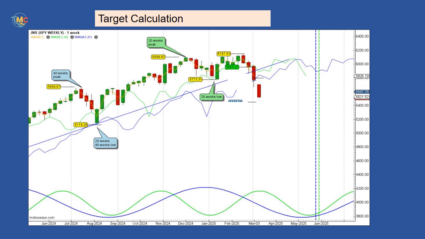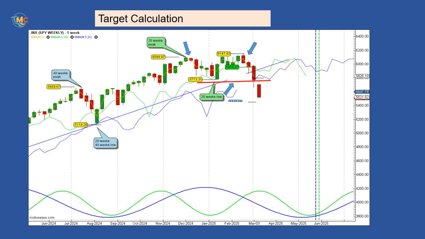In the example chart, the first high price is 6,099.97, the support line is at 5,773.31, and the second high price is 6,147.43. The average of the highs is 6,099.97 plus 6,147.43, divided by 2, equals 6,123.70.